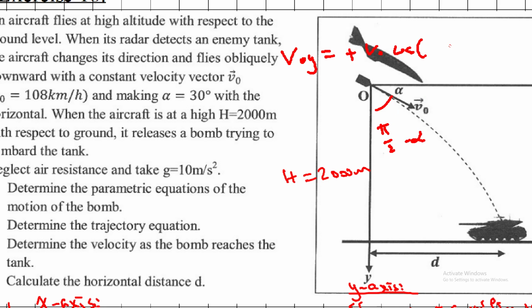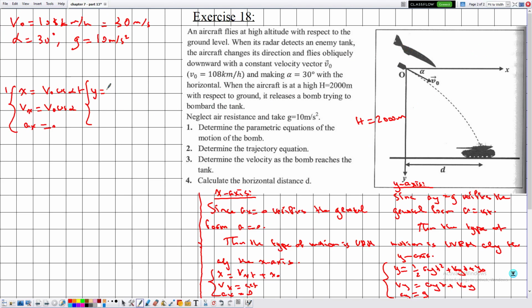Cosine of pi by 2 minus alpha is equal to sine alpha, so v_0y is v_0 sine alpha, and a_y is equal to plus g. So v_y is equal to gt plus v_0 sine alpha, and y is half g t squared plus v_0 sine alpha t. Okay, if you need to replace some values, we are done with these.